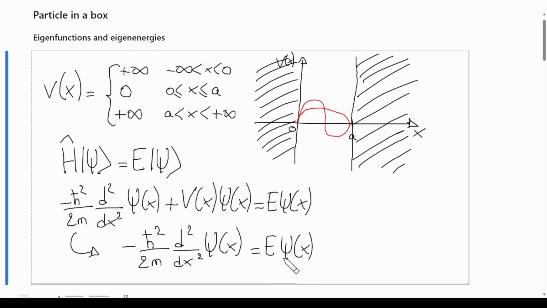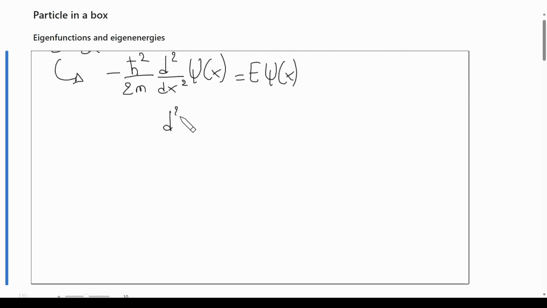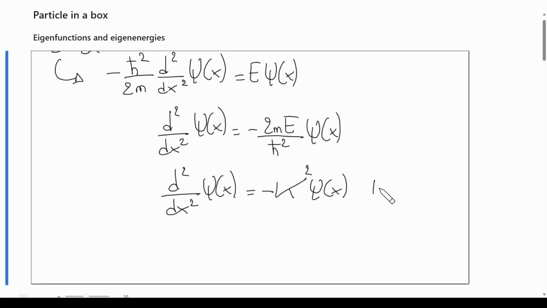And if we rewrite this a little bit, we have d squared dx squared psi equals minus kappa squared psi, where we define some constant kappa in order to simplify the notation, kappa equal to the square root of 2mE over h bar squared.